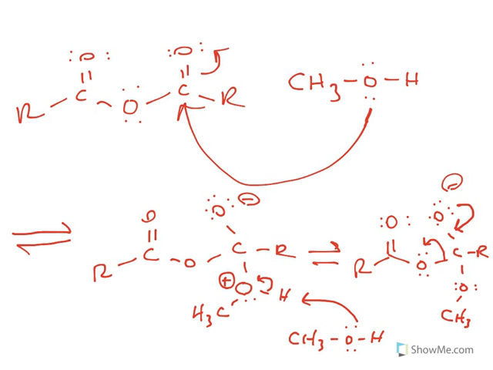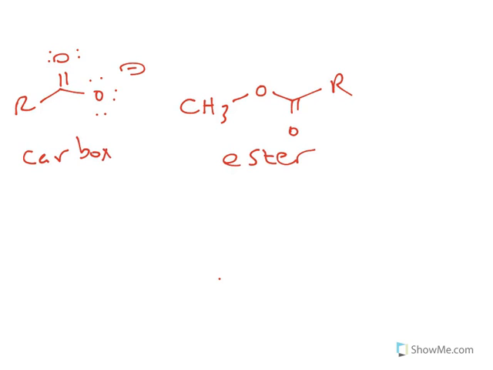All right, so on the other side, let me make sure I'm drawing it correctly. We're going to have our ester. So we get ester and carboxylate. All right, so let's recap.